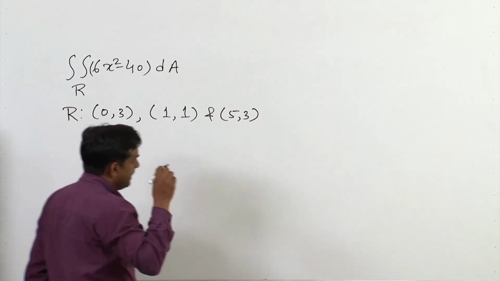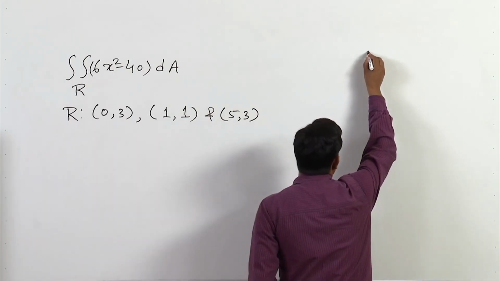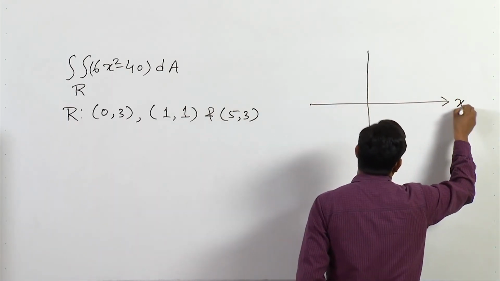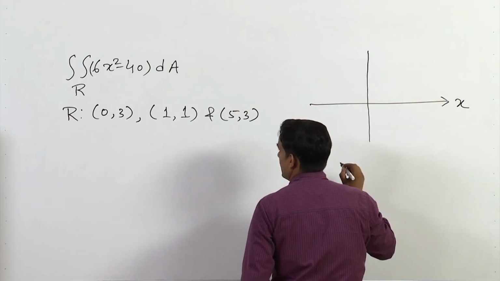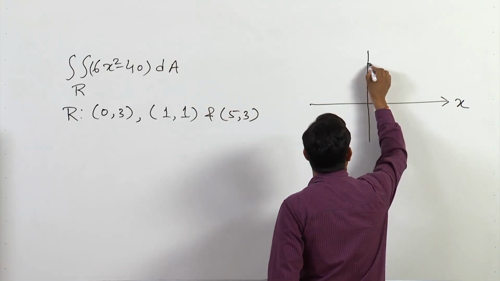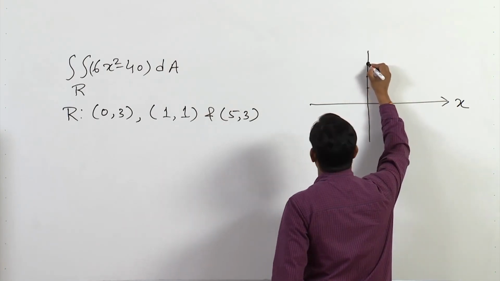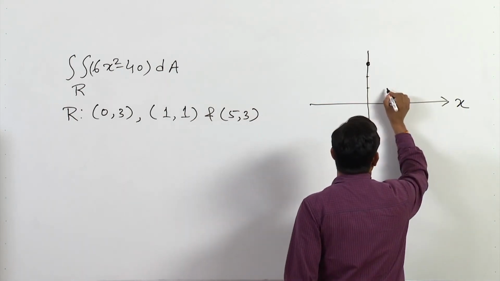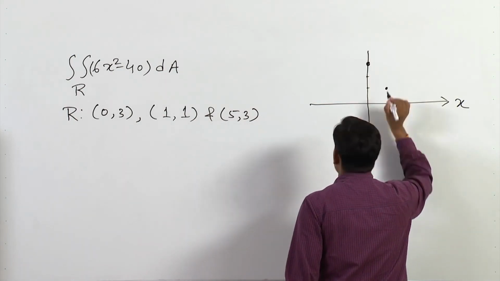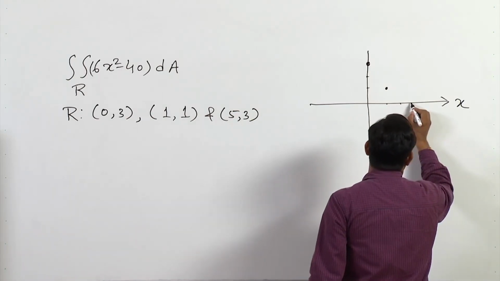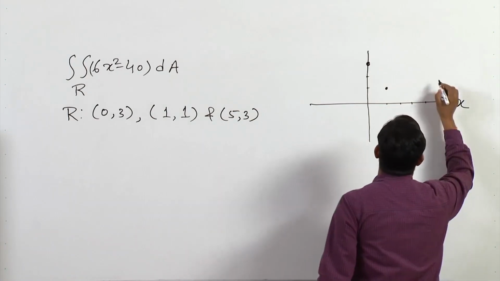Now if I sketch this region, let us say these are my x and y axes. The first point is (0, 3), so 1, 2, 3, this vertex is (0, 3). Then I have (1, 1), which will be here, and finally (5, 3), so 2, 3, 4, 5.